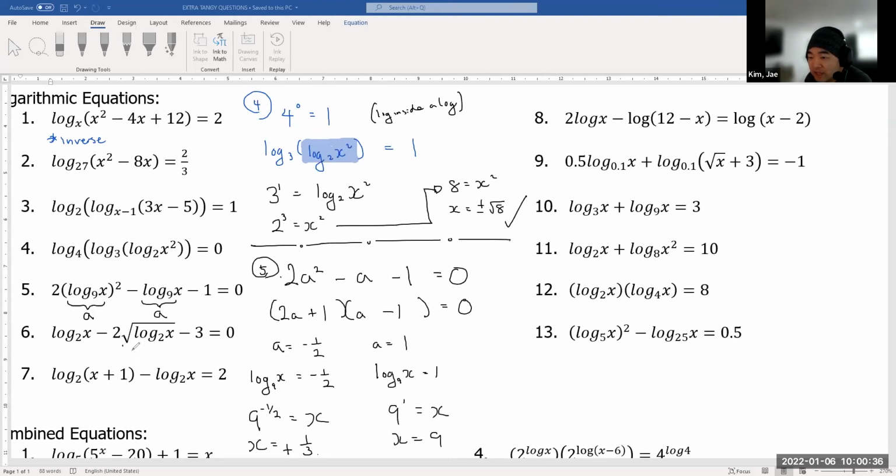Maybe we can say that the square root of log 2x is equal to a, which means this is going to be a squared. There's a lot of different ways you can do this. So please feel comfortable exploring, getting it wrong, and figuring it out at the end.